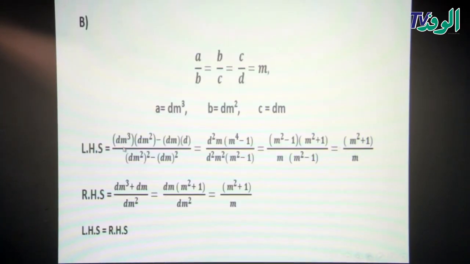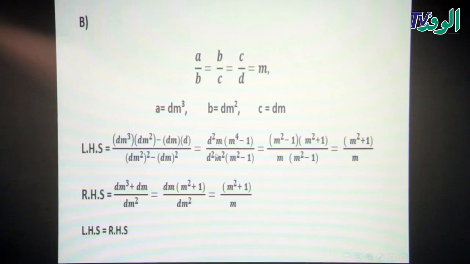Here it was A, it became dm cubed; it was B, it became dm squared; here it was C, it became dm; and it was D, so this stays as it is because we don't replace D. Below, B to the power of 2 became dm squared all to the power of 2, minus dm all to the power of 2. On top we take d squared m as a common factor, leaving m to the 4 minus 1.